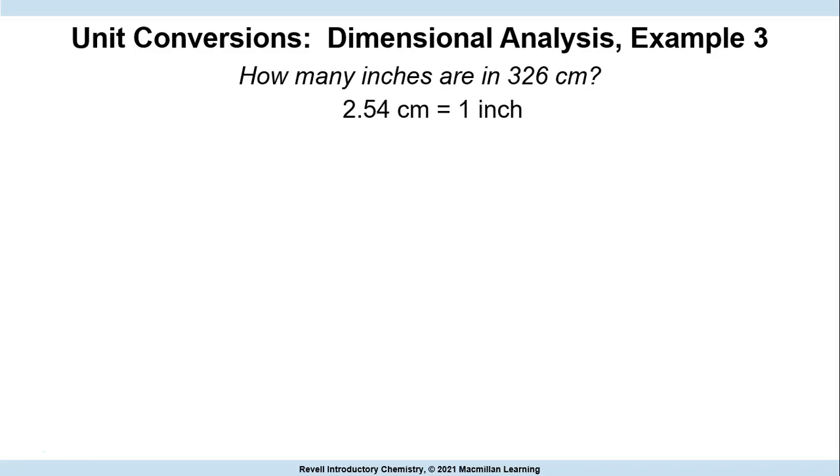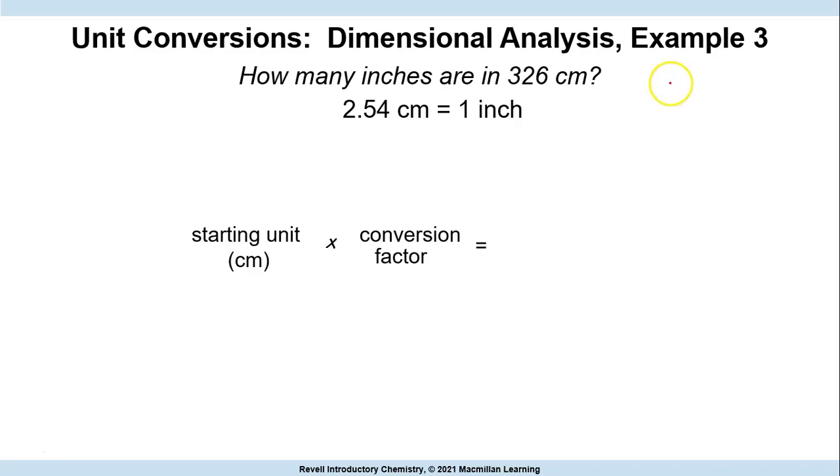Now let's write out our conversion factors. The starting unit is in centimeters. The conversion factor here is 1 inch is equal to 2.54 centimeters, or 2.54 centimeters is equal to 1 inch.